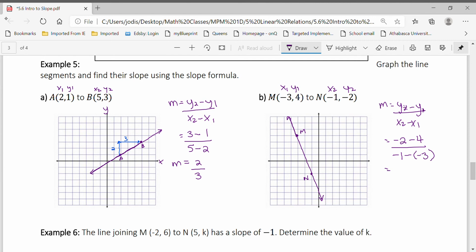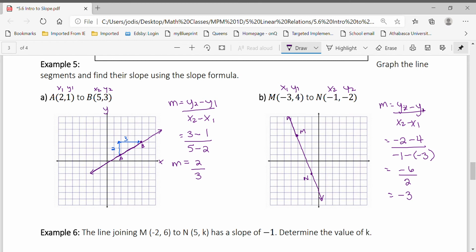Make sure with the two negatives, that second one should be in brackets. So -2 minus 4 is -6. -1 minus (-3) is like saying -1 plus 3, and that's 2. So -6 divided by 2 is -3, because we always want it in lowest terms.